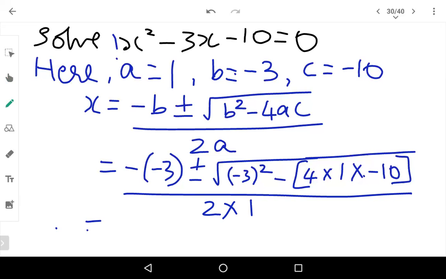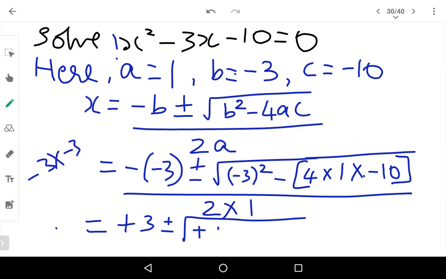Now moving further, minus of minus 3. Minus into minus is plus, so you'll get plus 3. Plus or minus square root. Okay, there's little less place, let me adjust this step. So plus or minus square root of minus 3 square. That is nothing but minus 3 into minus 3. Minus into minus is plus. 3 threes are 9, so you have plus 9.